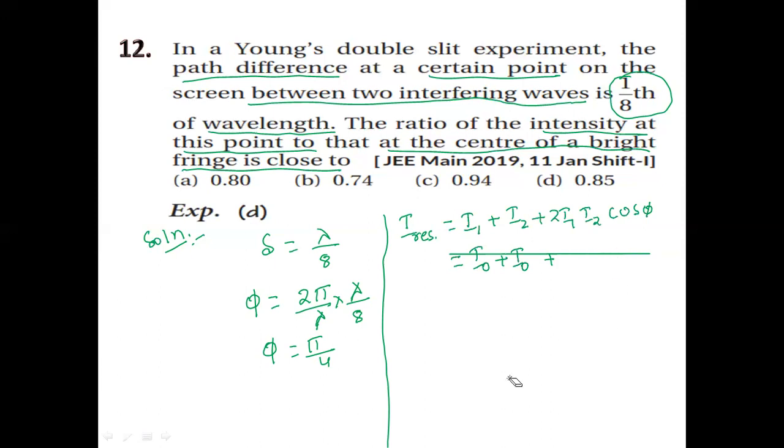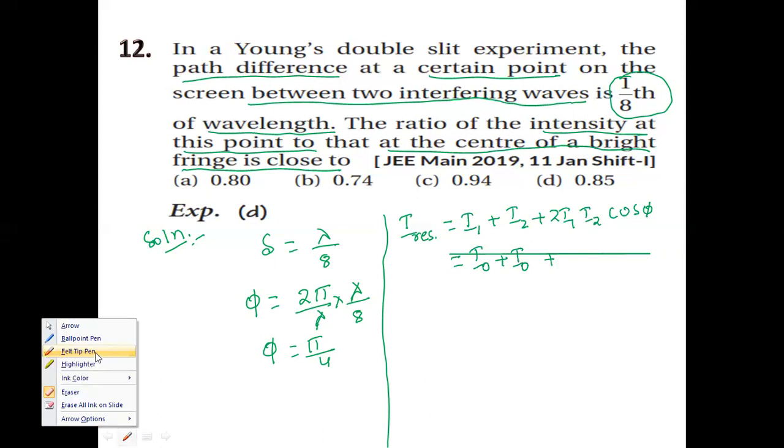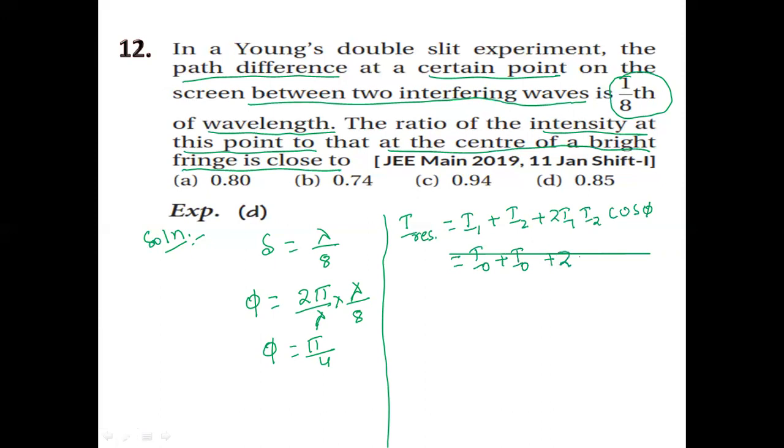Cos pi by 4. Okay. 2 I naught square cos pi by 4. That is nothing but 2 I naught plus 2 I naught square cos pi by 4, which means 1 by root 2.